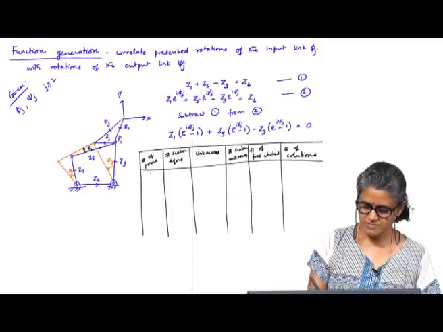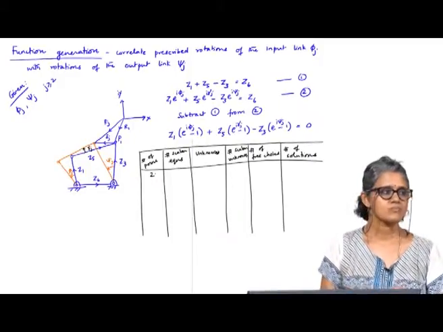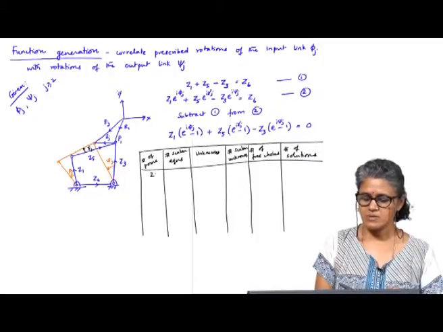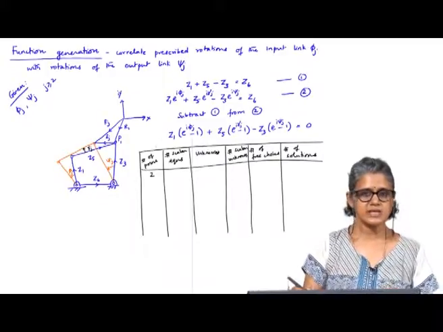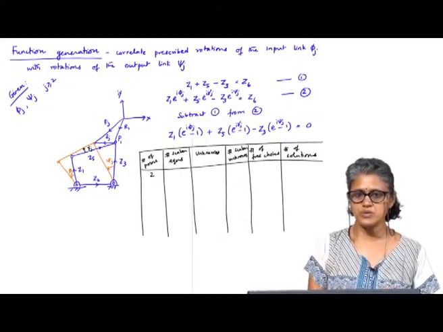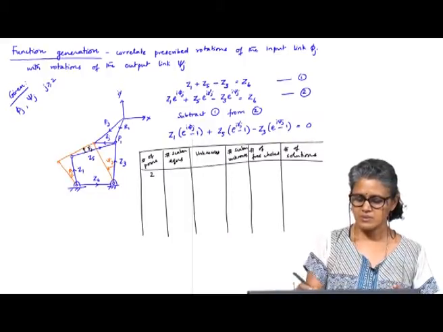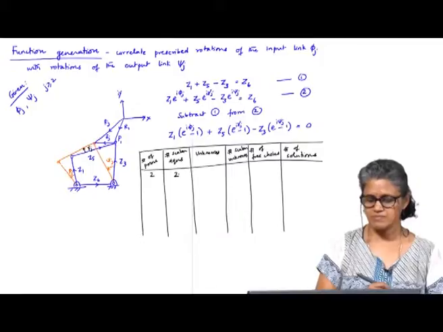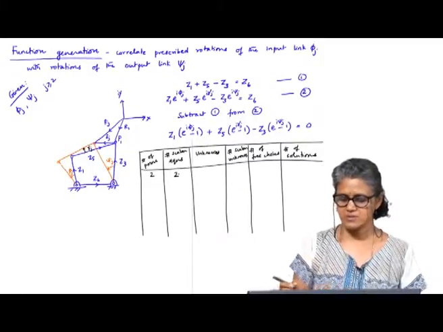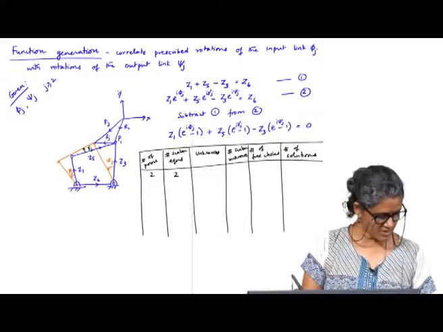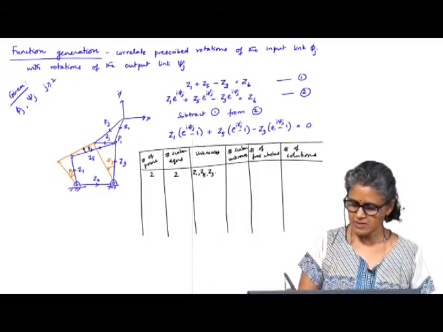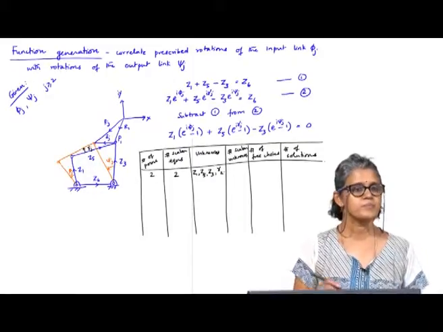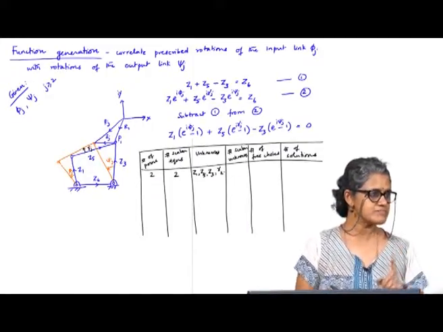Okay. 2 positions. How many equations will I have? I have only 2 scalar equations. J will be 2. So what are my unknowns? Practically everything. So I have Z1, Z5, Z3 and gamma 2, because phi 2 and psi 2 are given.